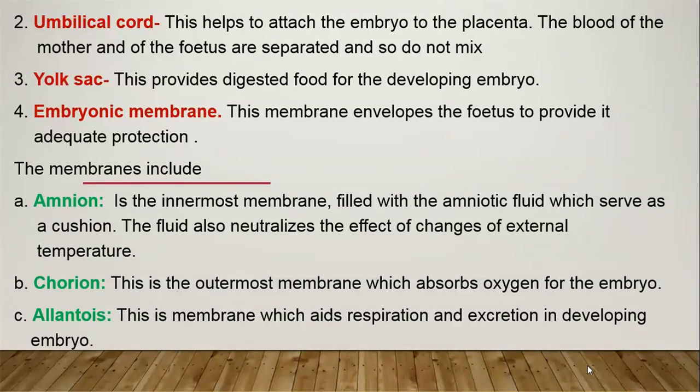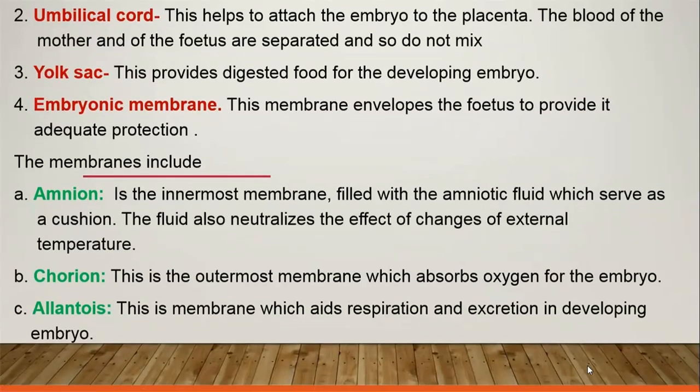We also have the one we call the chorion. This is the outermost membrane which absorbs oxygen for the embryo. They too need to breathe. Then the last one is the allantois. It is a membrane which aids respiration and excretion in the developing embryo. So when you say the water breaks, that means the embryonic membrane is broken.